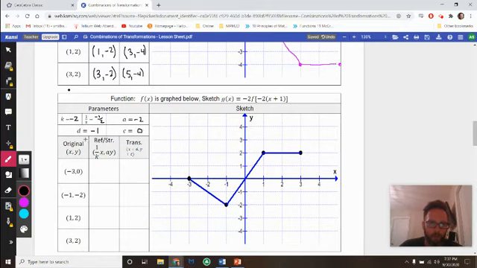Let's reflect first. So we're multiplying our x values by negative a half. We're multiplying our y values by negative 2. So we're halving these guys and doubling these guys and switching the signs at the same time. So 0.5 and positive 1.